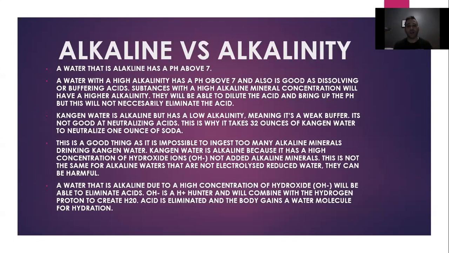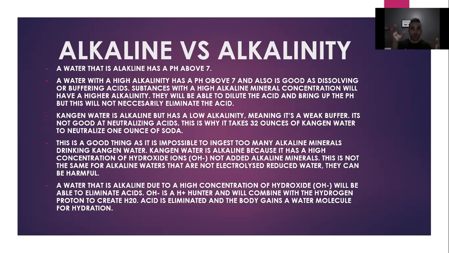Okay? But what the hydroxide does, the OH negative, which is what we're producing with the Kangen water, is that the OH negative is negatively charged. The hydroxide is negatively charged, and the high concentrations of hydronium that are present in acid substances are positive.